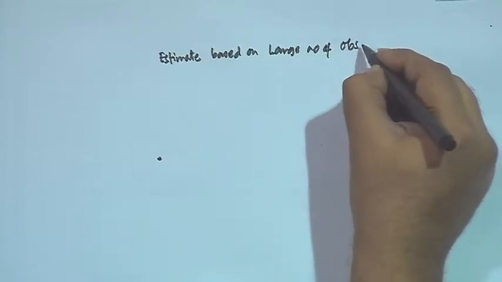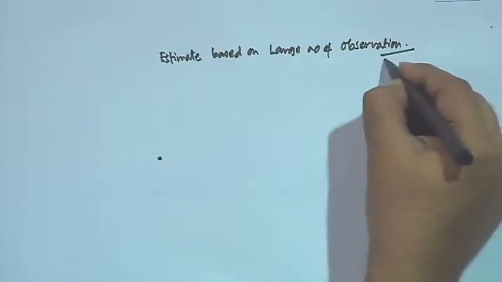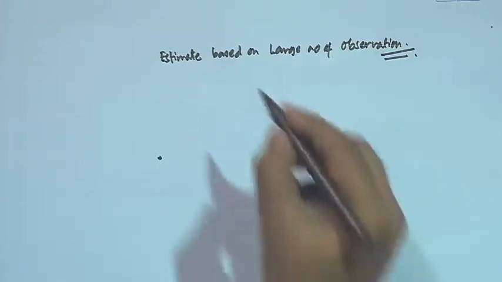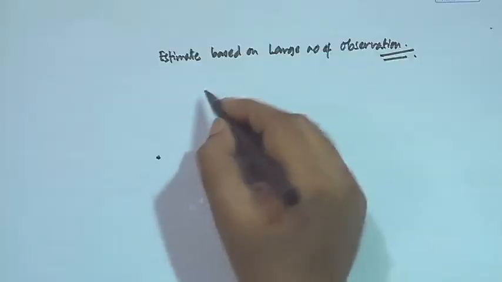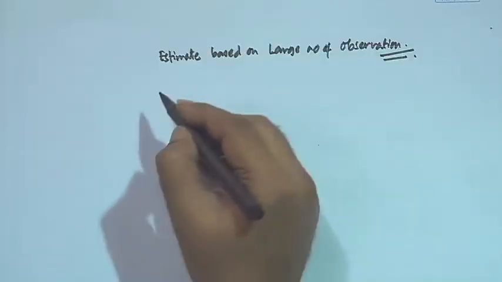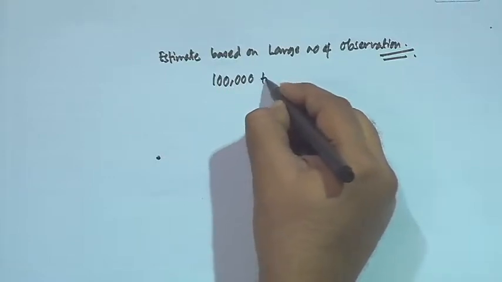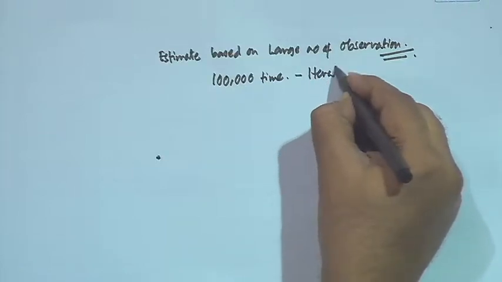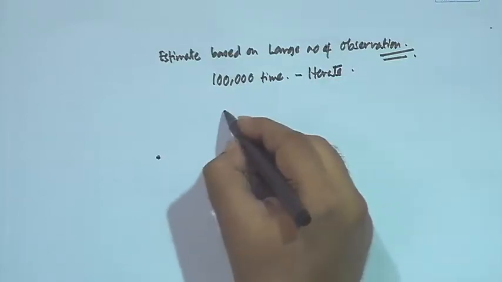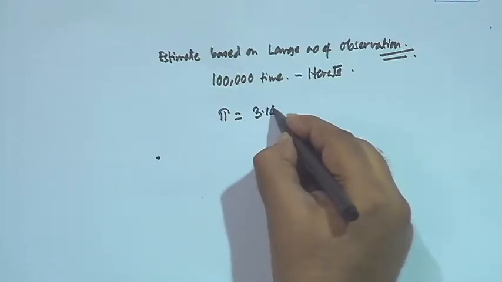Is 1000 large or 10,000 large? Probably no. For such systems, maybe experiment a very large number of times, maybe even 1 lakh times, right. So, if you iterate for say 1 lakh times, then probably you estimate, let us say, a value of pi equal to 3.14.